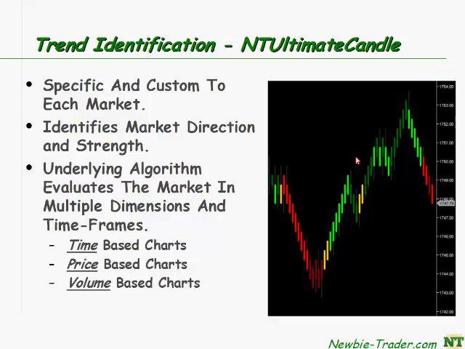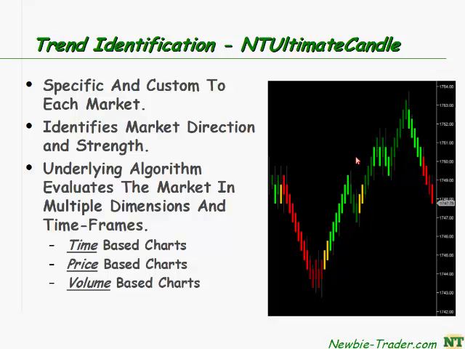Now, go back to what I talked about earlier in this presentation. I said price is king. It is king, but you can still evaluate markets on time-based charts, price-based charts, and volume-based charts. We do all of that. We use multiple time frames, multiple size price bars and volume looks.